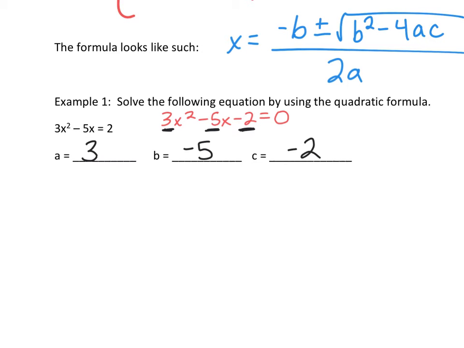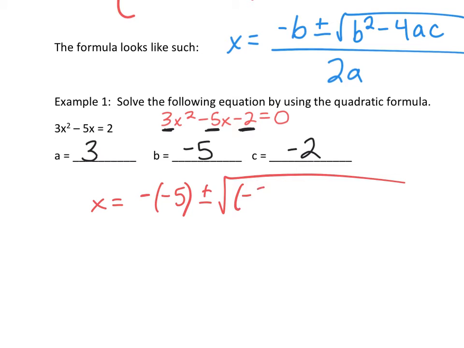Okay? Now we're going to plug this in. So here's how we do it. X equals a negative b. Well, if you notice, b is already negative, right? Okay, but we still have to include a negative in front of it. So a negative, negative 5. We'll simplify it in a minute. Yep, just write negative, negative 5 for now. Plus or minus the square root of b squared.